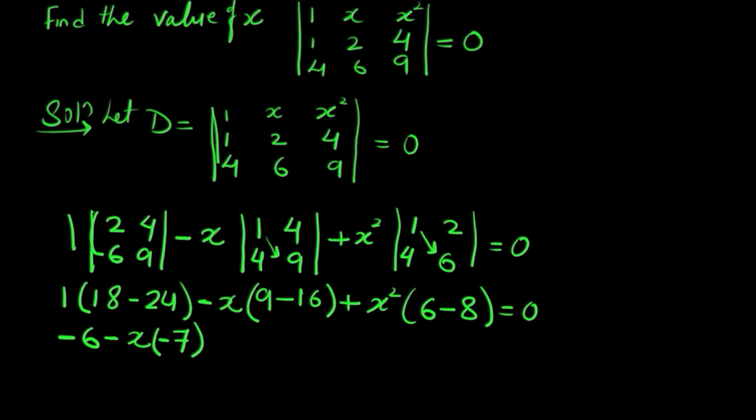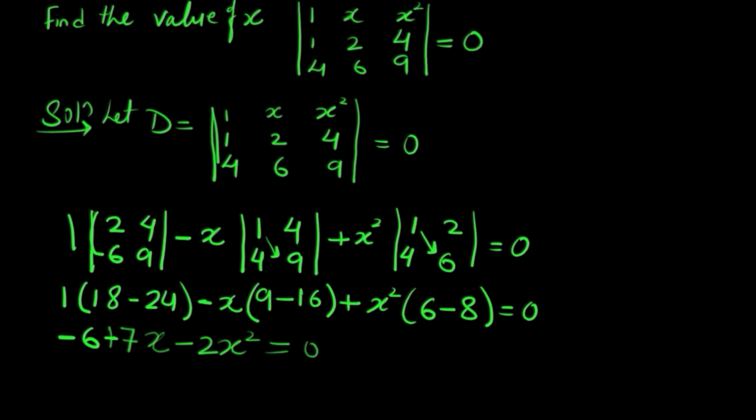This minus 6 and minus x times minus 7 becomes plus 7x, then x squared, plus minus minus, the minus 2. Final answer is minus 2.